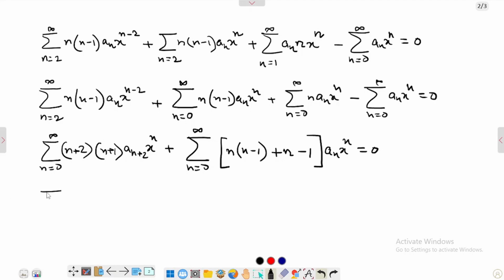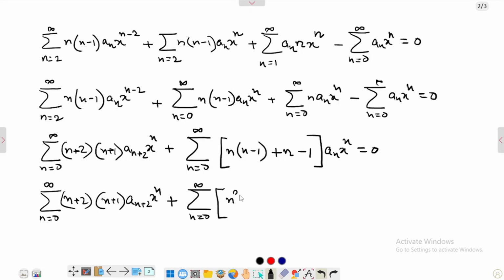Again I make this n equal to 0 to infinity: (n plus 2)(n plus 1) a_(n plus 2) x^n, plus sum n equal to 0 till infinity of (n squared minus n plus n minus 1) a_n x^n equal to 0.